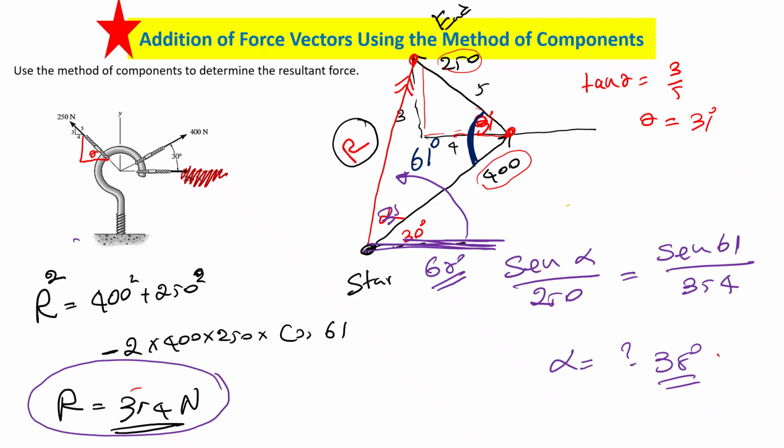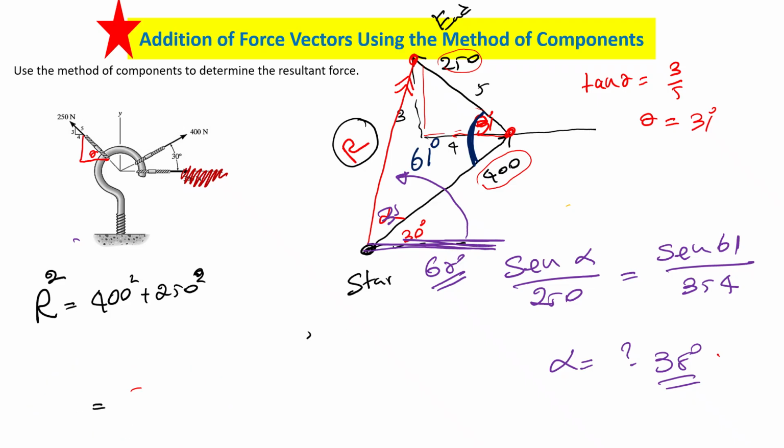Okay, there is another thing. If you have three forces here, for example... Can I erase this one? Okay, so I'm going to give you another question. I want you to try this, from the same thing.